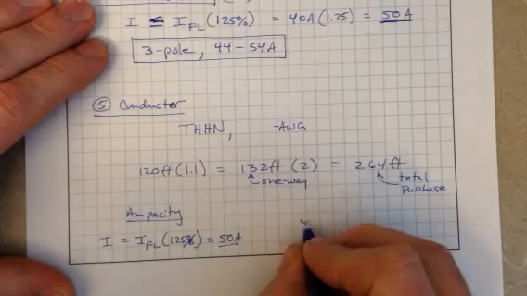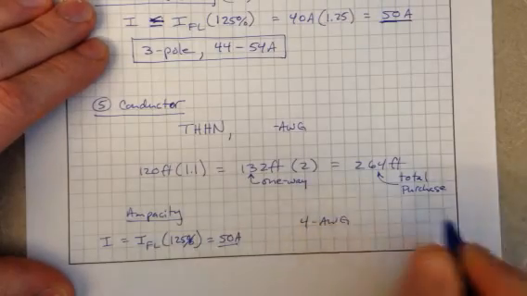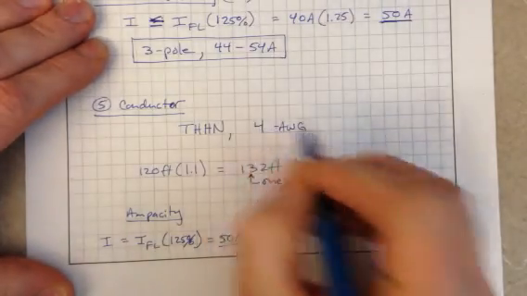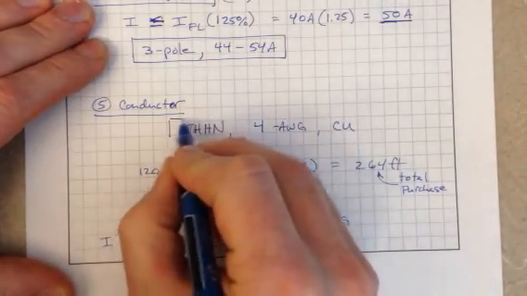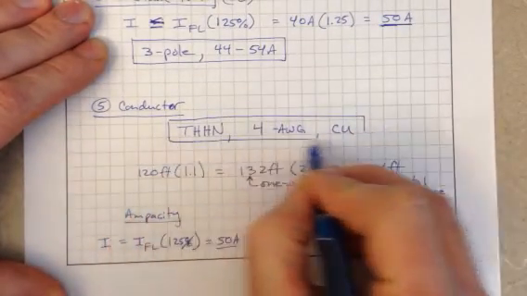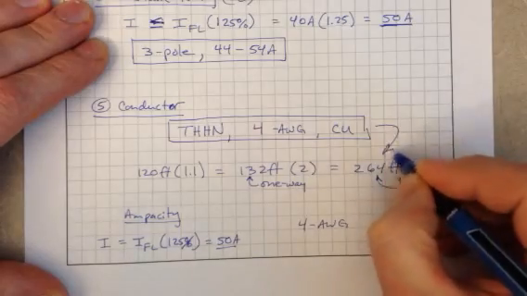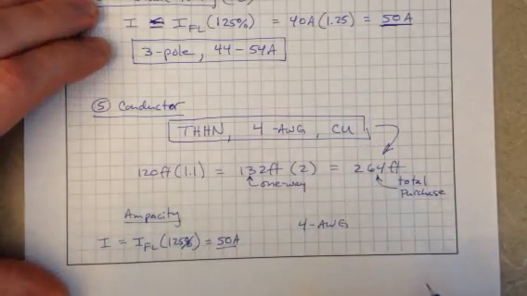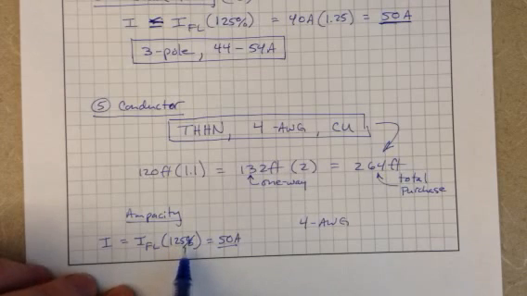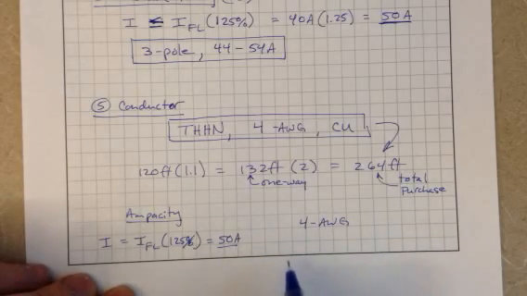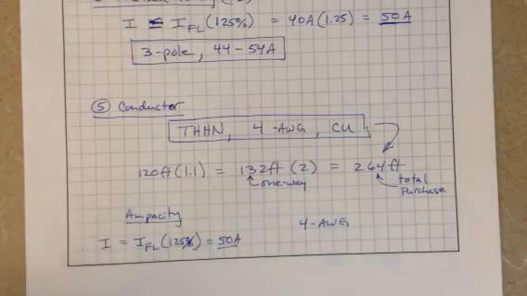So we're going to end up using 4 gauge copper. And we're going to need to buy 264 feet of it. Okay. We have to make sure that we have the 125% of the full load current to get our ampacity, and then most likely it's going to be based off of the length when it's over 100 feet.